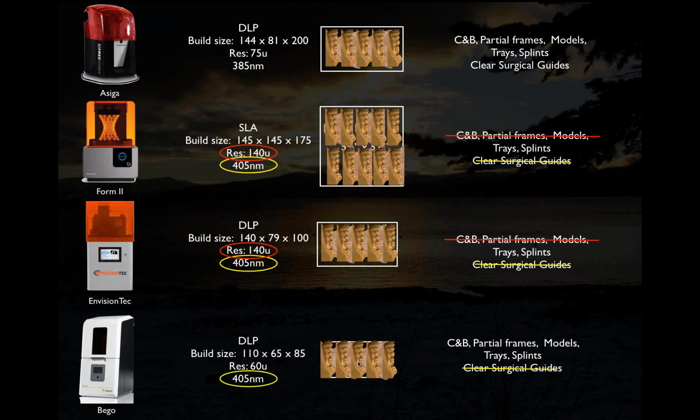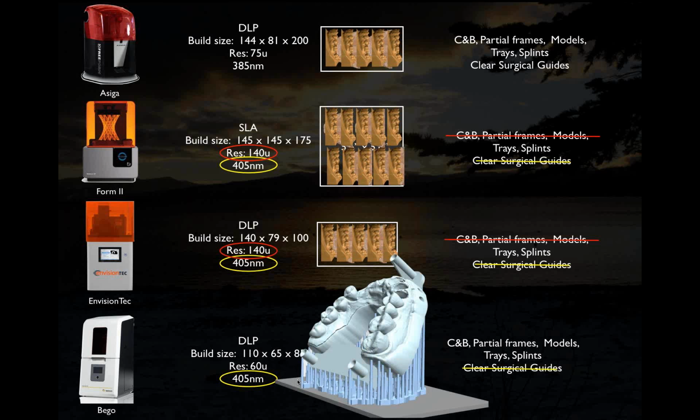But back to this resolution though, 60 microns will give you really stellar crown and bridge and margins and removable dies. But quite often, in order to print a full arch model in the Bago, we have to do them like this, angle them upward to fit them above the build plate.